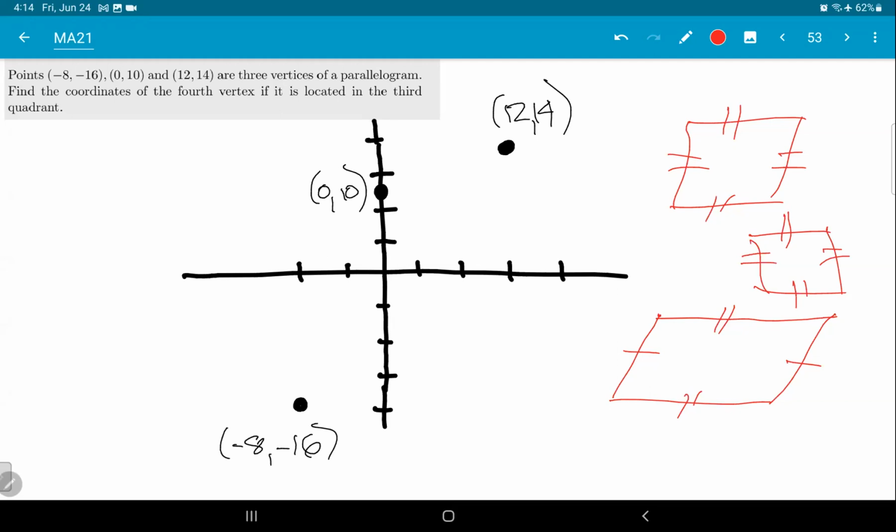Is a rectangle a parallelogram? Right? Is a rectangle a square? Is a square a rectangle? Is a parallelogram a quadrilateral? Yes, that's the most general term, right, for a four-sided figure.